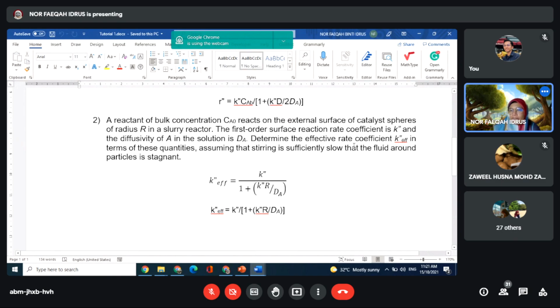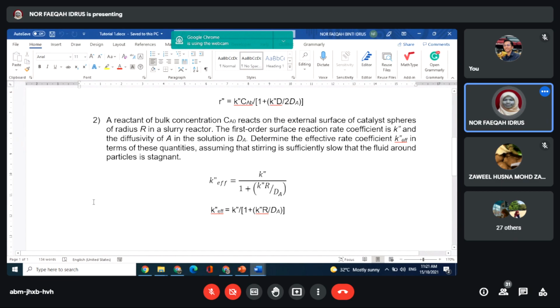Determine the effective rate coefficient in terms of these quantities, assuming that stirring is sufficiently slow that the fluid around the particle is stagnant. So dia bagi semua clue dekat sini. Assuming that the stirring is sufficiently slow, the fluid around the particle is stagnant.